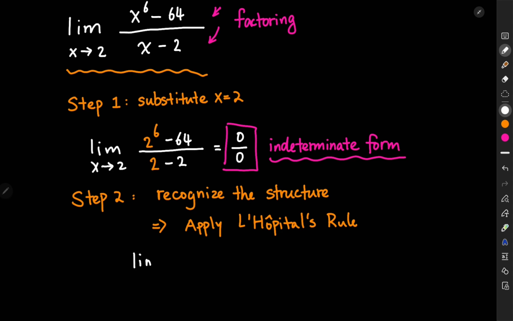So for that rule, it says if we take the derivative of the denominator and the numerator separately, then we shouldn't change the limit. So what we do here is we take the derivative of the top part.